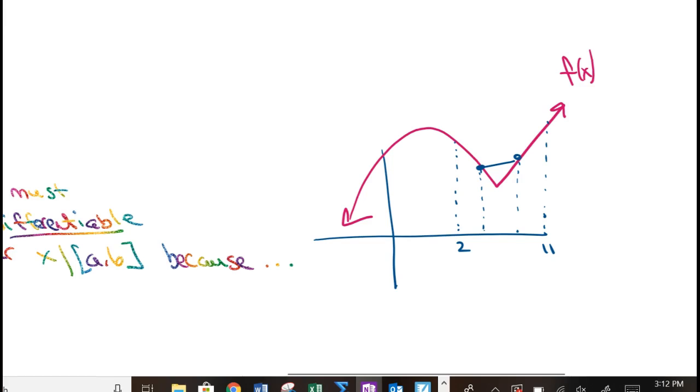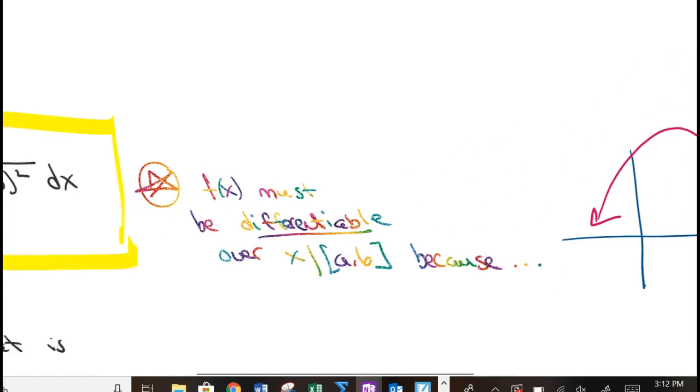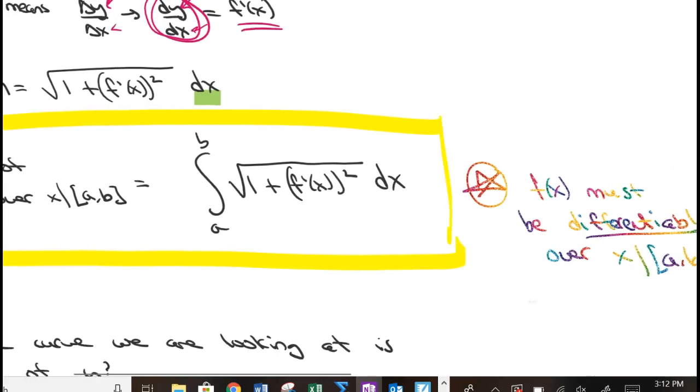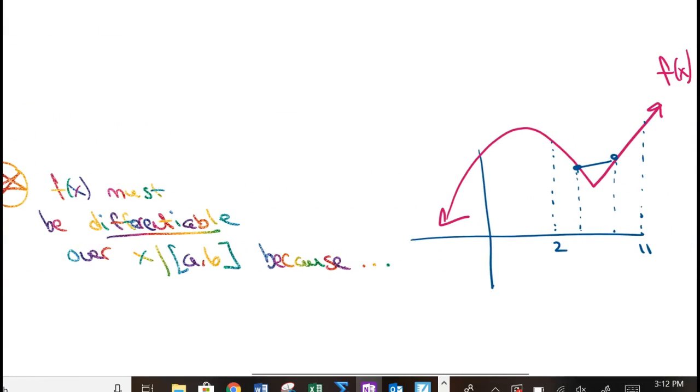So if your function f of x is not differentiable over the interval of a to b, what you have to do is use two integrals to get the arc length from 2 to 11. One integral will be from 2 to whatever this point is, and then you have to add the integral from that point to 11.